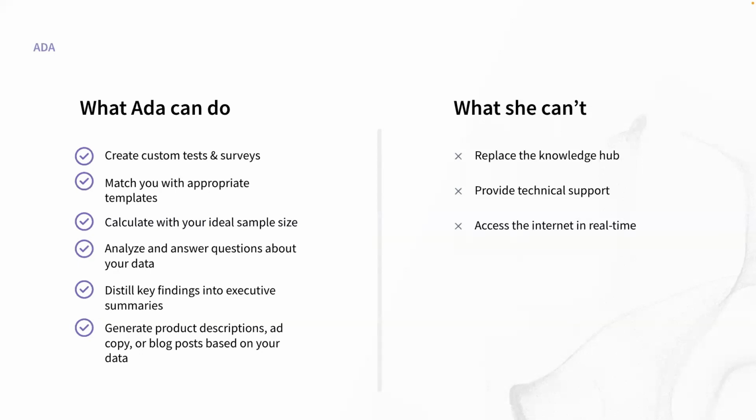Ada cannot answer technical questions. So if you run into some kind of issue on the platform, the best next step would be to contact our support team or contact your customer success manager directly, and they can assist with any technical problems.